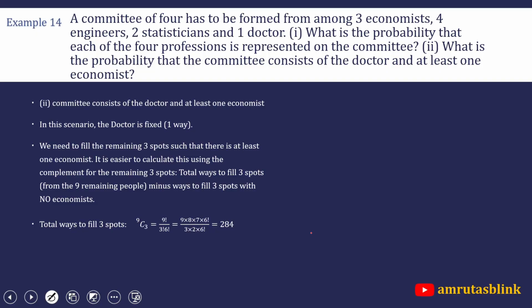So 6 factorial will get cancelled. Then this 3 and this 3, you will have this is 2 and this is 4. So 4 into 3 into 7, which is equal to 84.